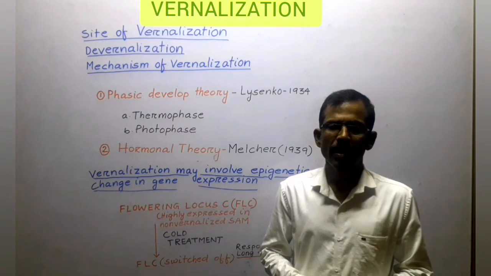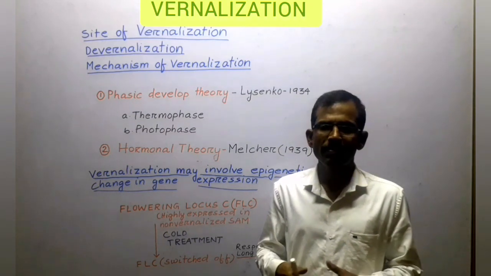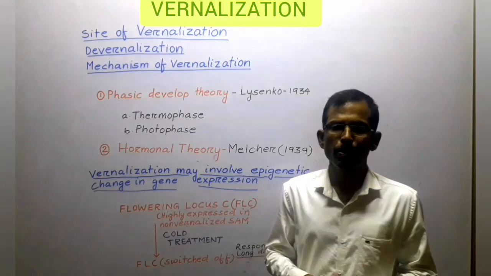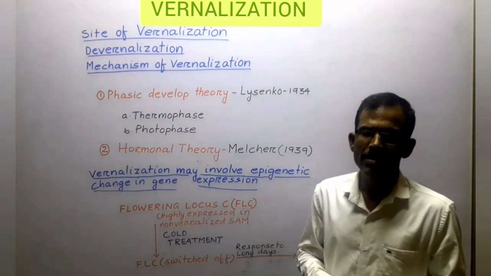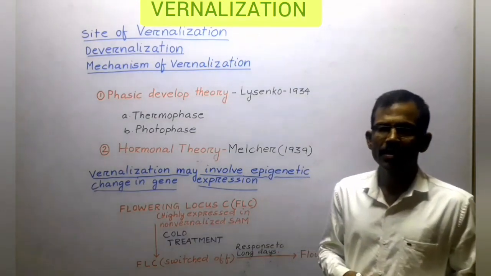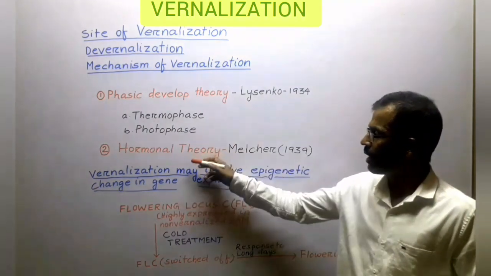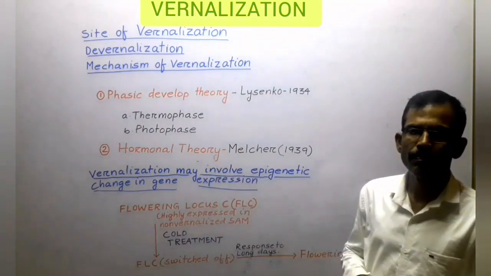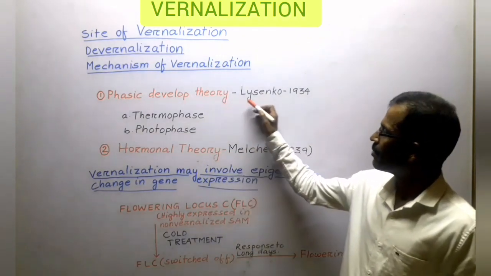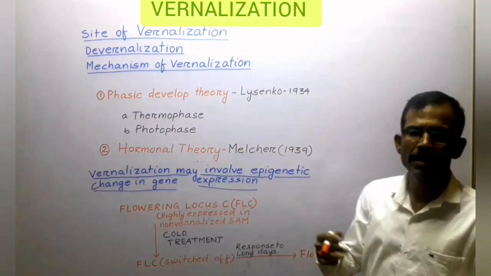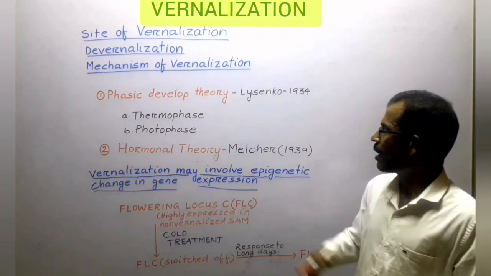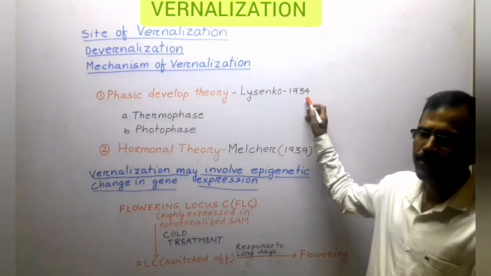Mechanism of vernalization. Two different theories have been proposed to explain the mechanism of vernalization. They are phasic development theory and hormonal theory. The phasic development theory was proposed by T.D. Lysenko in 1934.